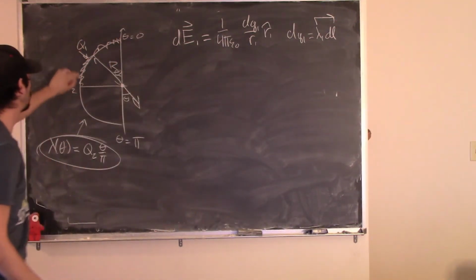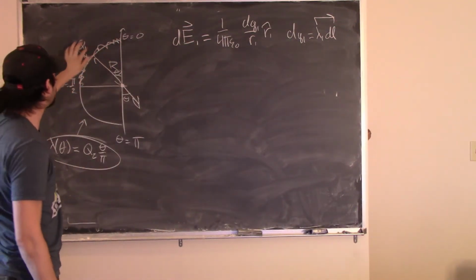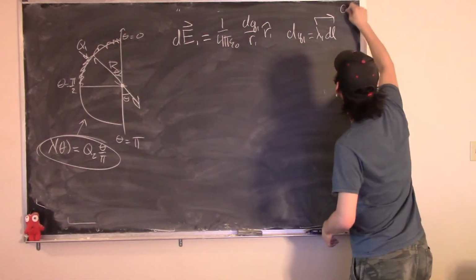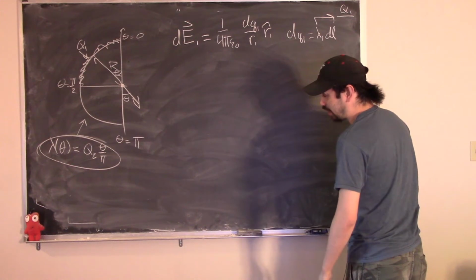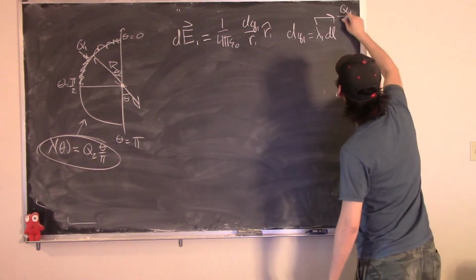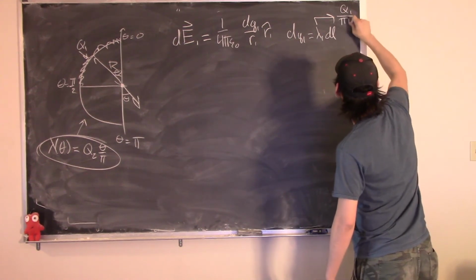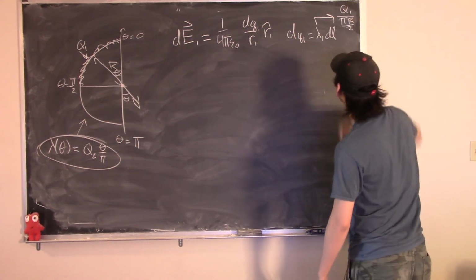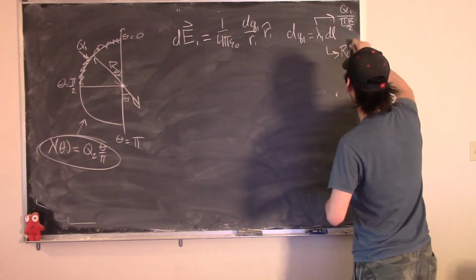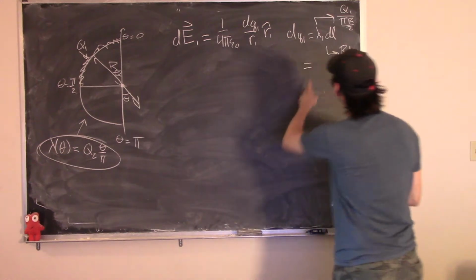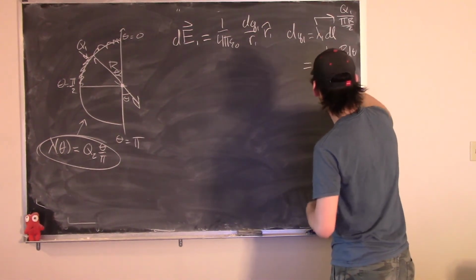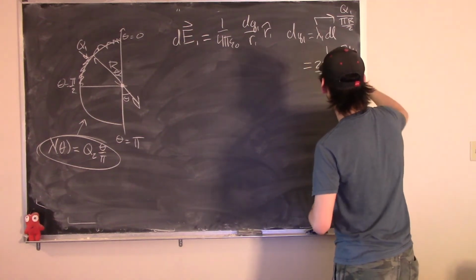This is some total charge q that's spread over the arc of a quarter of a circle. And so this is going to be this charge q1 divided by 2 pi r divided by 4, so pi r divided by 2. And dl, because this is the arc of a circle, is going to be r d theta. And so dq1 is going to be equal to 2q1 divided by pi times d theta.